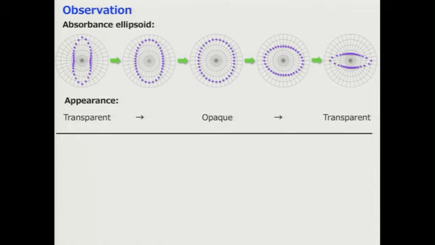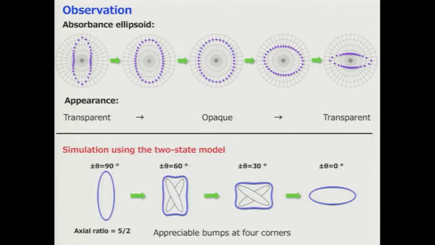So how can we explain that? At first, we use a simple two-state model for the explanation. We simply simulate the absorbance patterns using this idea. The idea is very simple. The sample has a coexistence of the two states, plus theta and minus theta.